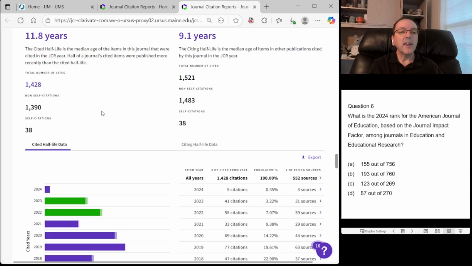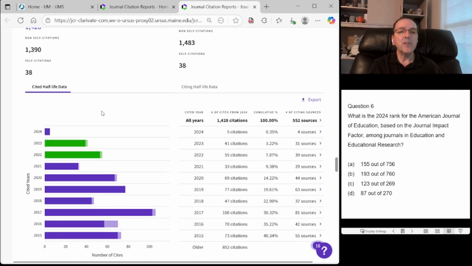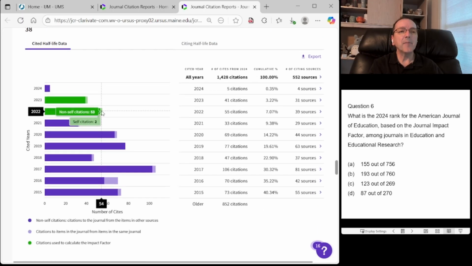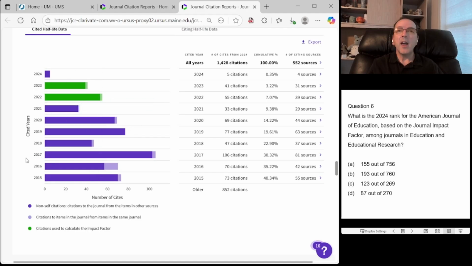And here it gives you a breakdown of what they mean by that. So, for example, among all the papers in all the research journals published in 2024, they found 106 times that an article published in 2017 in the American Journal of Education was cited.